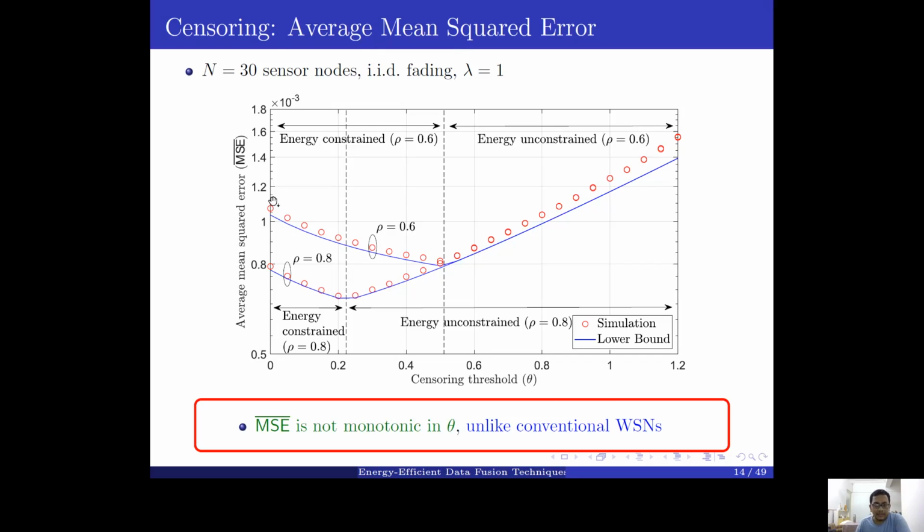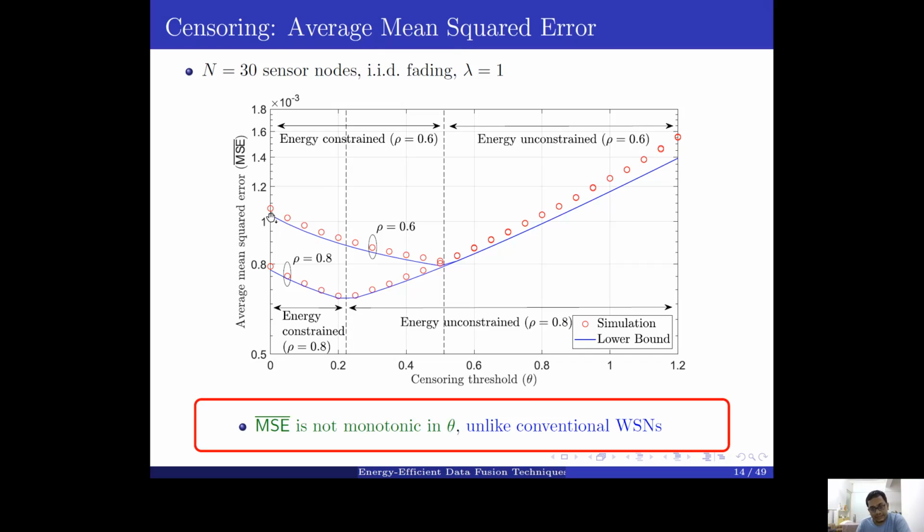Now, let's look at the behavior of the curves. Let us take rho equal to 0.6. As you increase the censoring threshold theta, you can see that MSE bar decreases. This is unlike the case for conventional wireless sensor networks, where if you increase the censoring threshold theta, MSE bar will increase.